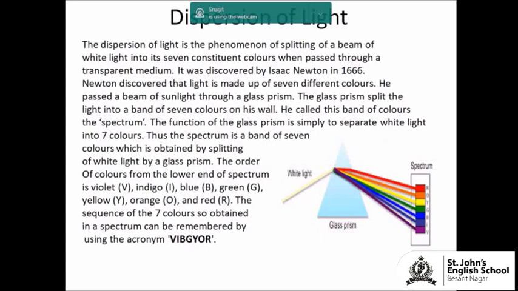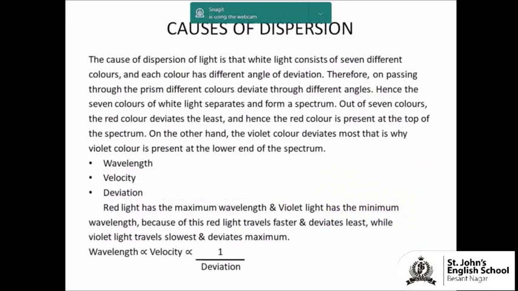The band of 7 colors formed on a white screen is called the spectrum of white light. The splitting of white light into its 7 constituent colors on passing through a transparent medium like glass is called dispersion of light. Next one, causes of dispersion.